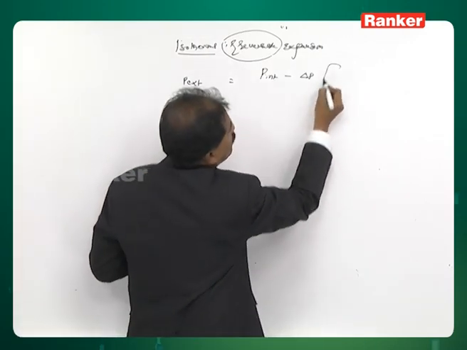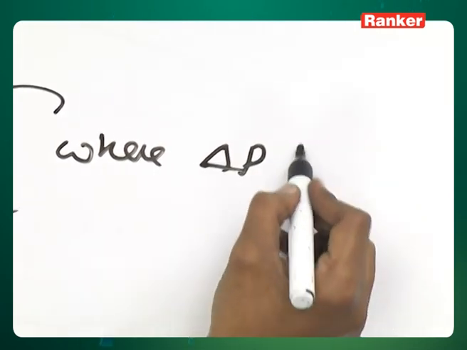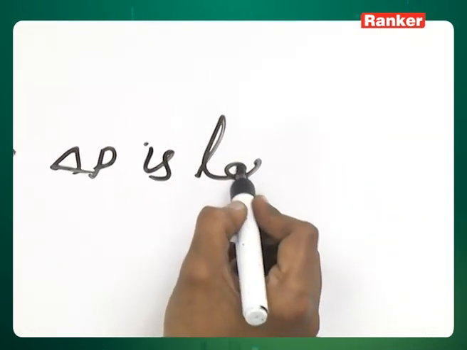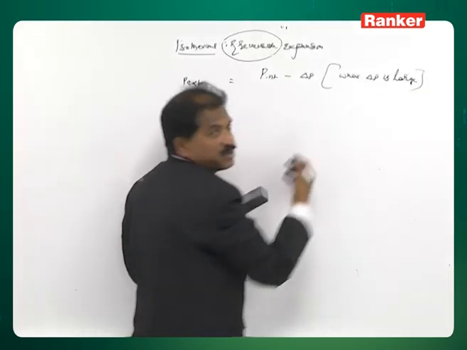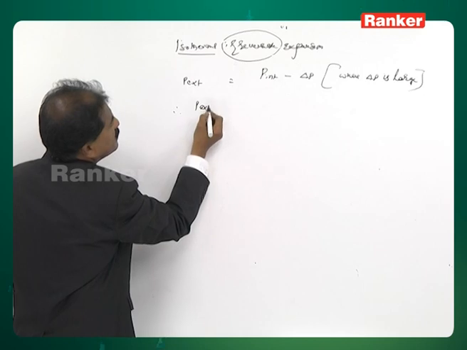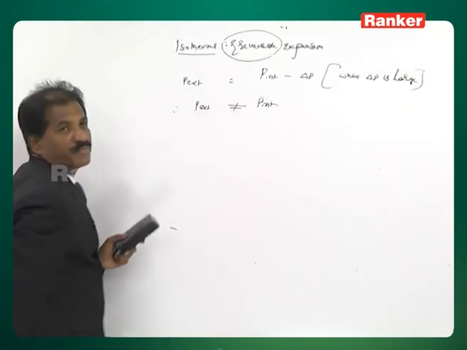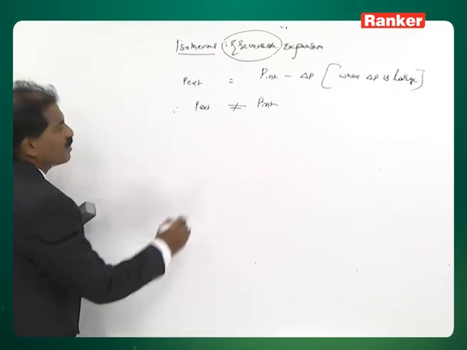Here dP is very large, therefore P external is not at all equal to P internal.